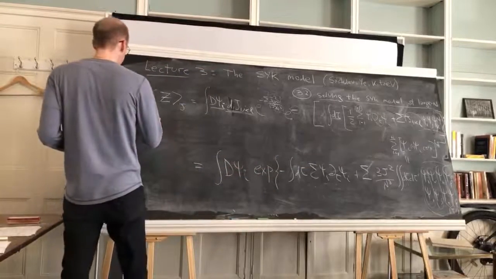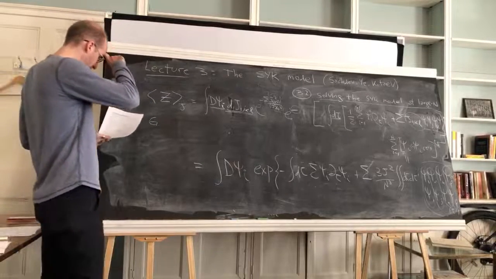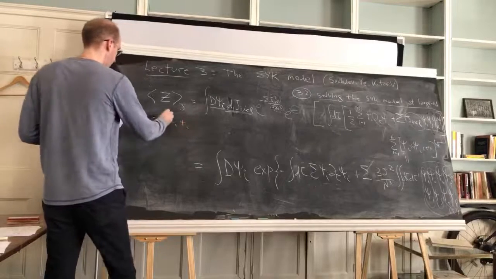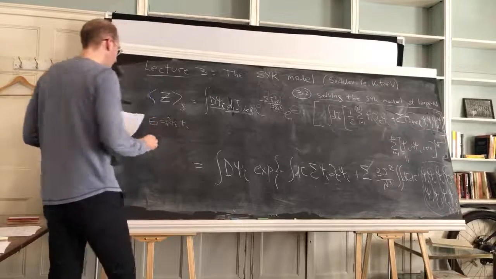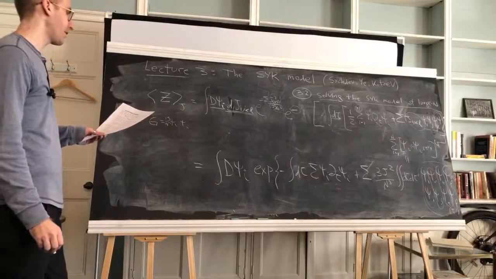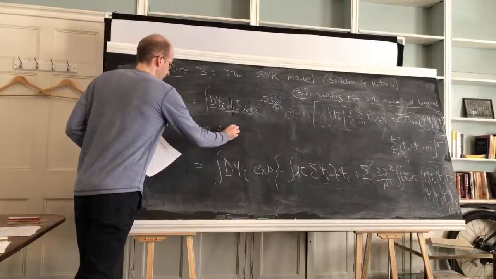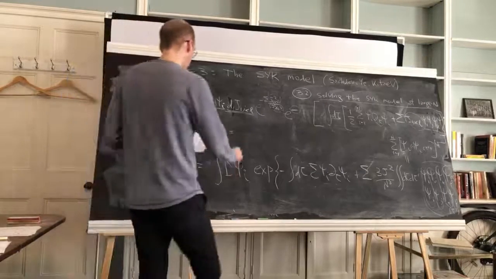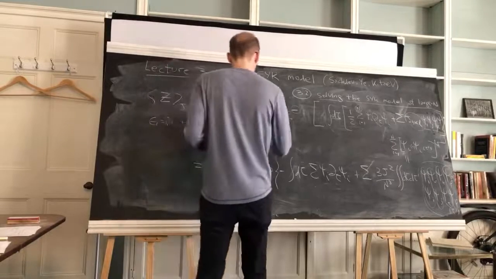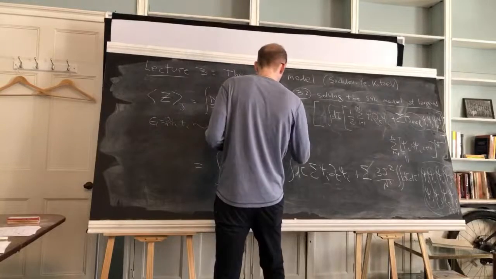Okay, so the idea here is that I will be interested in computing this 2-point function, that is 1 over n sum of psi i. And so the way to introduce this in the path integral is by inserting an identity that will have the form of a path integral over G of delta.